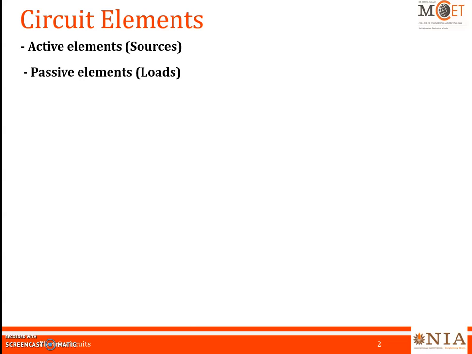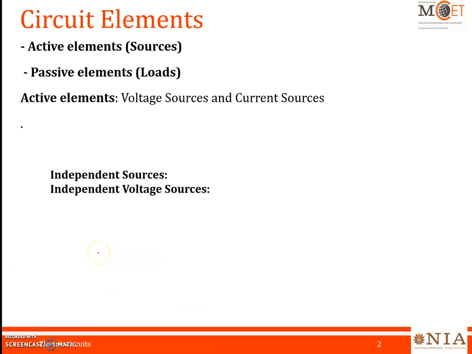Generally, the active elements are considered as sources and the passive elements are considered as loads. The basic examples of active elements are voltage sources, current sources, and generators. Whatever components provide voltage or current to a circuit are termed active elements.